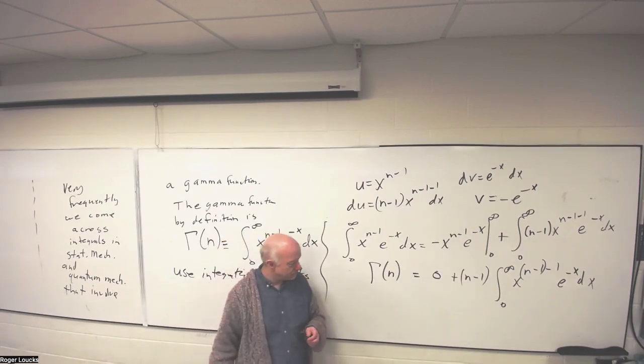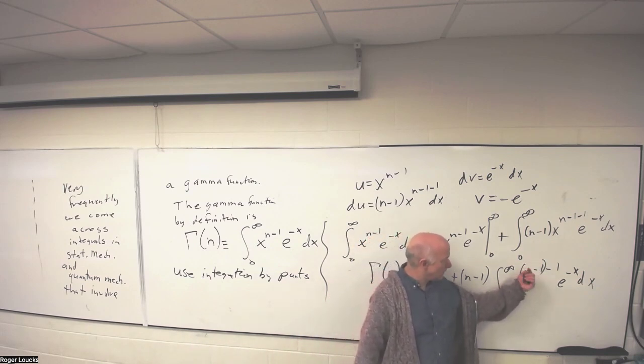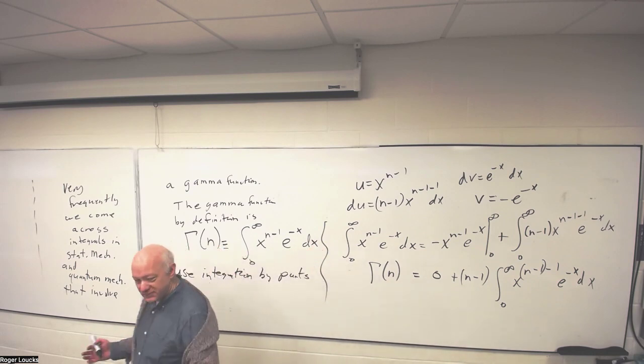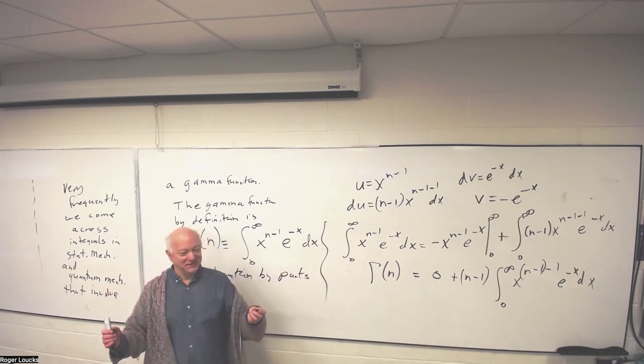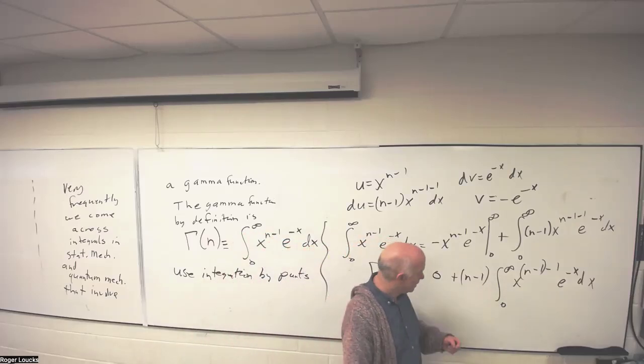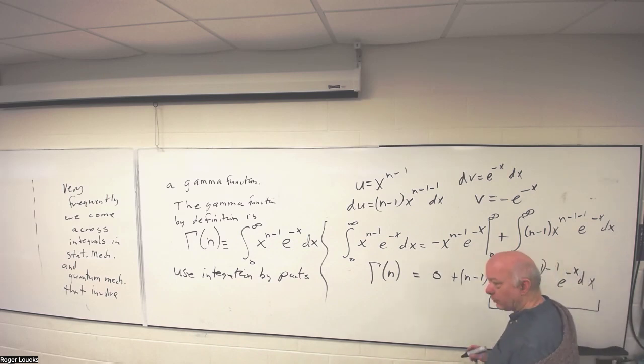Why did I write this as x to the n minus 1 minus 1, not x to the n minus 2? I think that integral looks like a gamma function of n minus 1. Yes, this is nothing but the original definition of our gamma function. This right here is nothing but the gamma function of the quantity n minus 1.